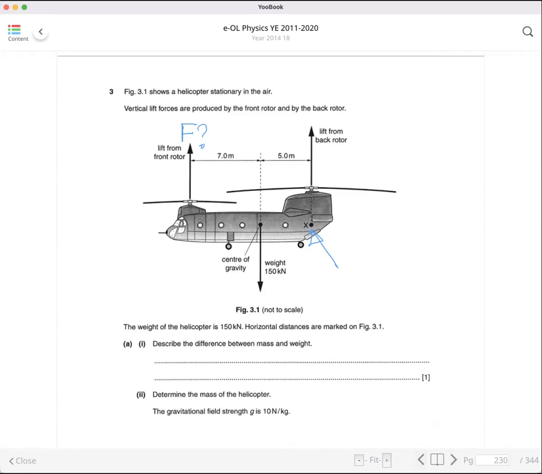Yeah, I got my answer already. So what's the F? Yiting.